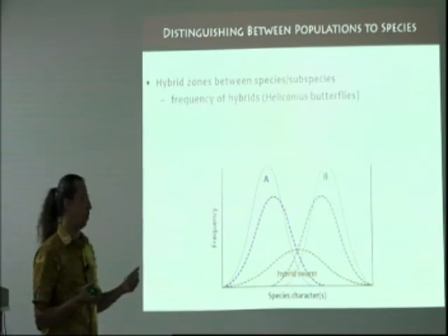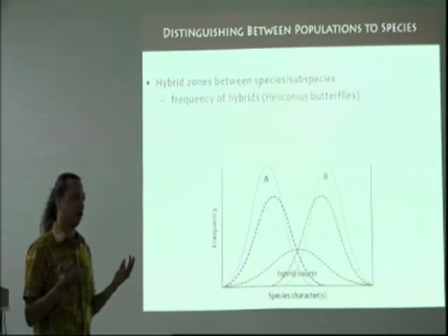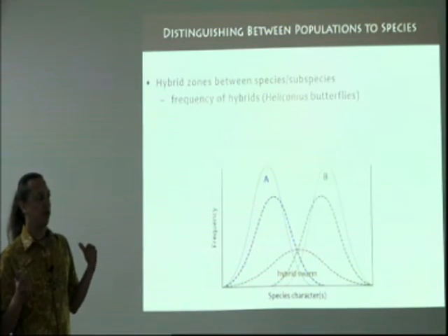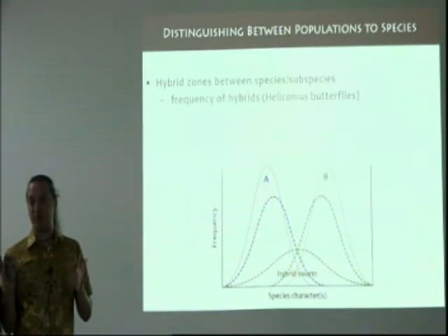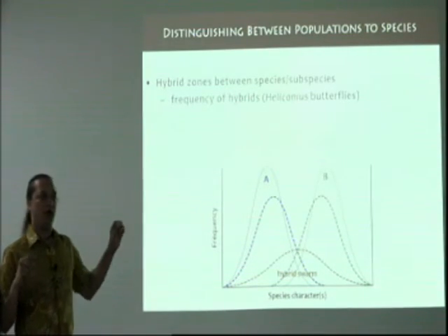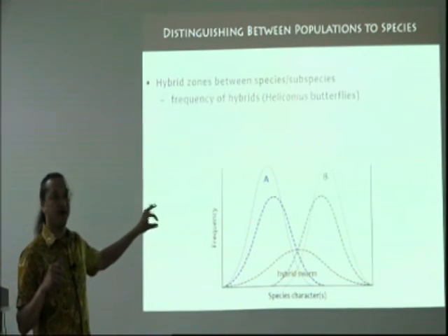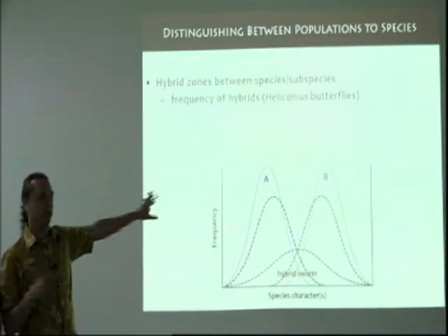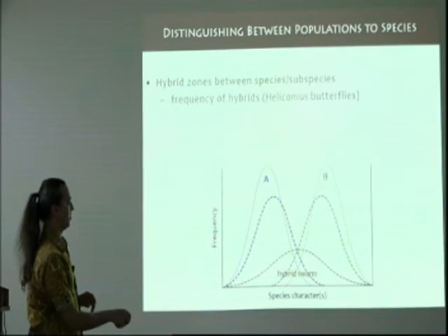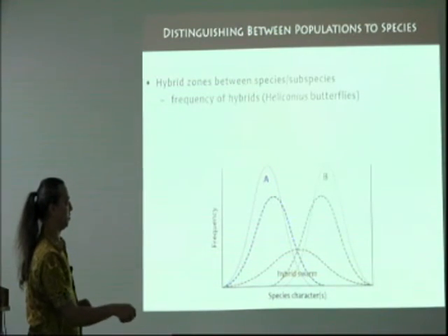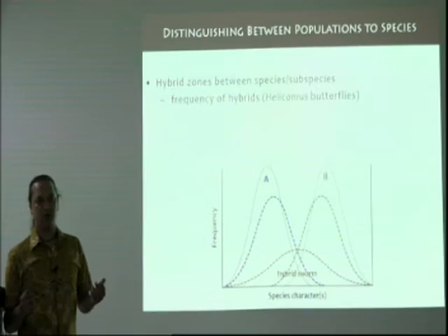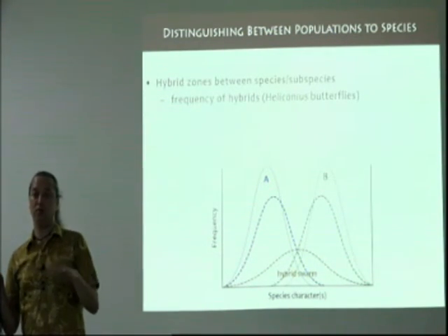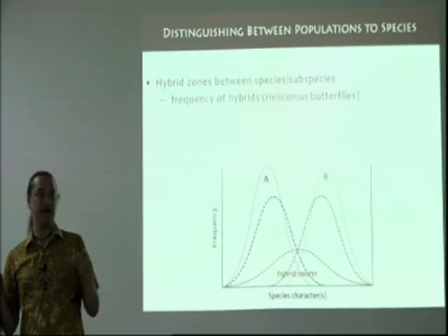And if you buy this picture that I tried to sell in the first two slides, then whether you call them populations or species, whether reproductively isolated or not, you should get this pattern, right. So this is without reproductive isolation, this is with reproductive isolation, but some hybridization. So in this case, reproductive isolation is not an absolute hard line. You might still get hybridization.